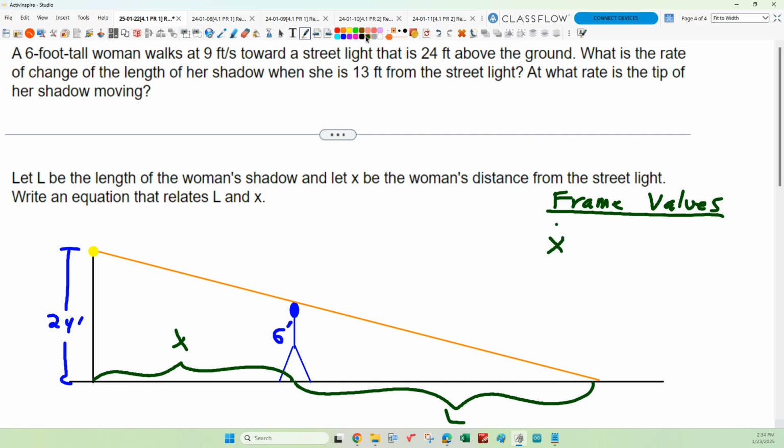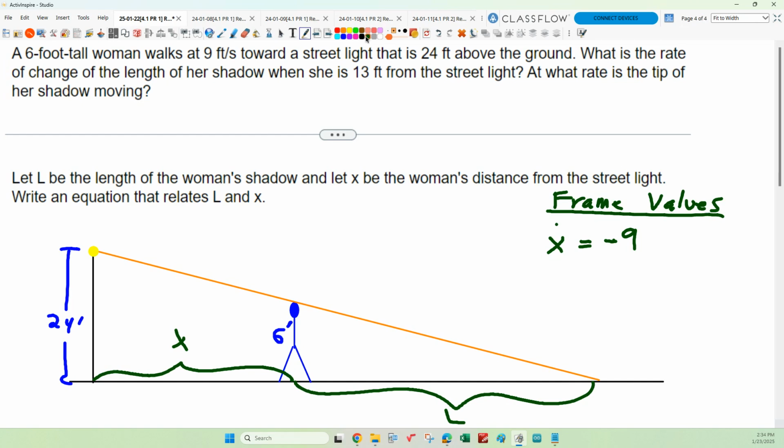Everybody scrutinize those and verify them. You agree with that? Well, X dot is -9, isn't it? How come negative? Because that's a decreasing quantity. She's moving towards the lamp, right? Okay, good. So that should be -9, and our units are going to be feet and seconds.